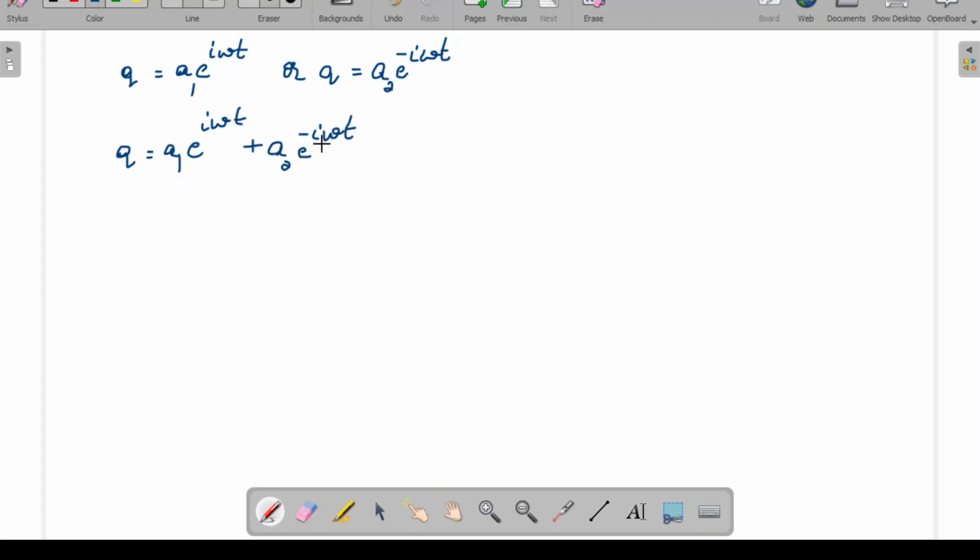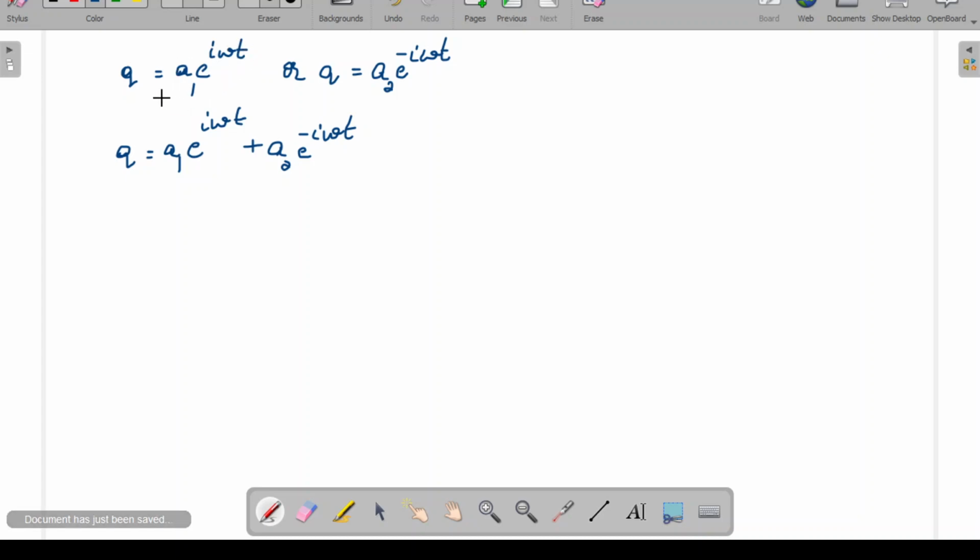Okay. Now see, this q is basically the position, the generalized coordinate. So that means this q should be a real number. If q has to be a real number, you know that e raised to i omega t is a complex number when we write it in terms of trigonometric sine and cosine functions.